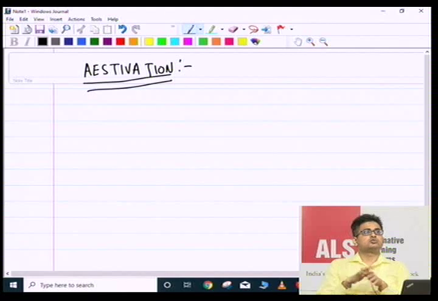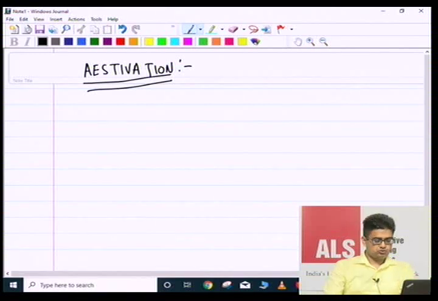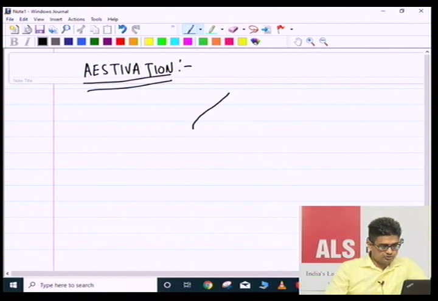Do you remember vexillary estivation? Just raise your hands if you remember. I told you that it was a very important estivation, and it's a characteristic feature of the family of angiosperms called Fabaceae. The most important estivation out of all these is the vexillary estivation.